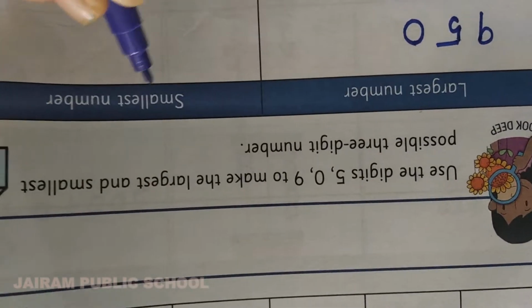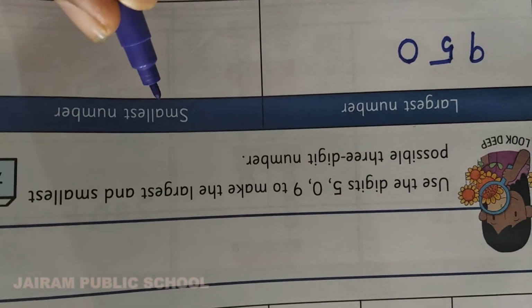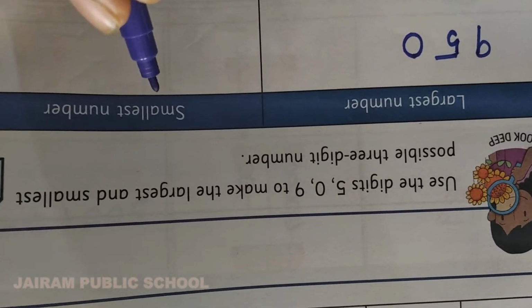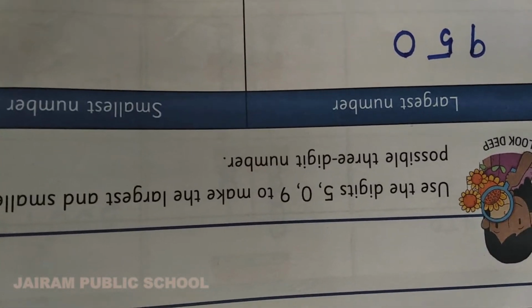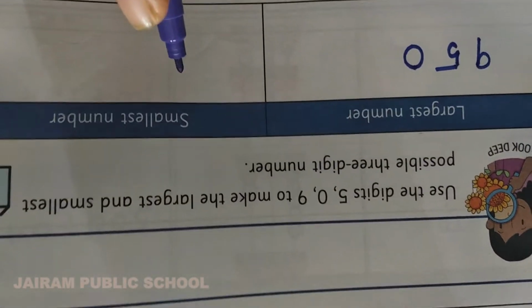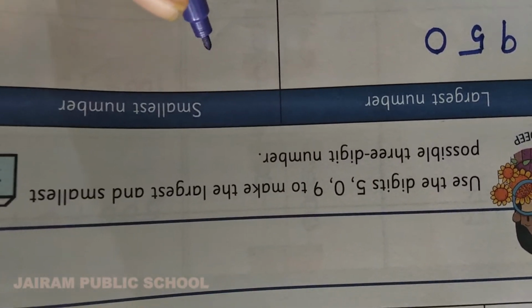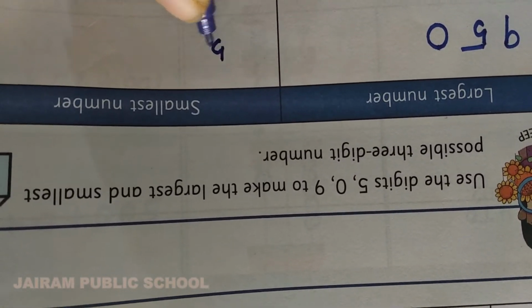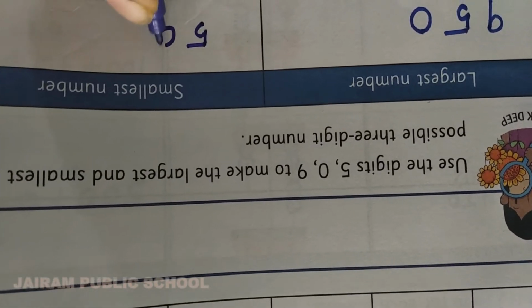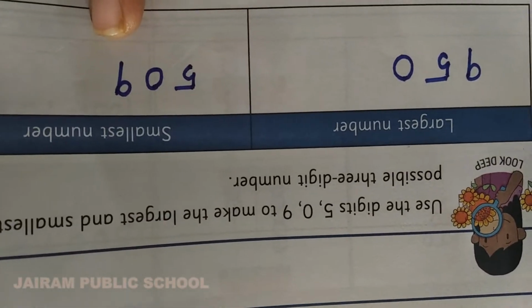Everyone will write 059, but 0 should not be written first because 0 has no value. So we should not put it first. After that, which is the smallest number? 5. So you have to write here 5, 0, 9. So this is the smallest number.